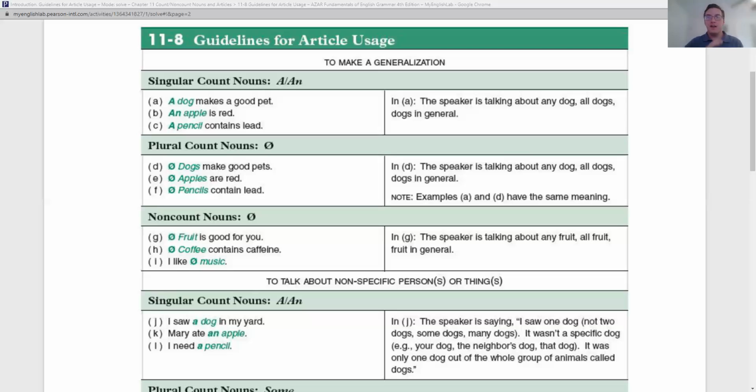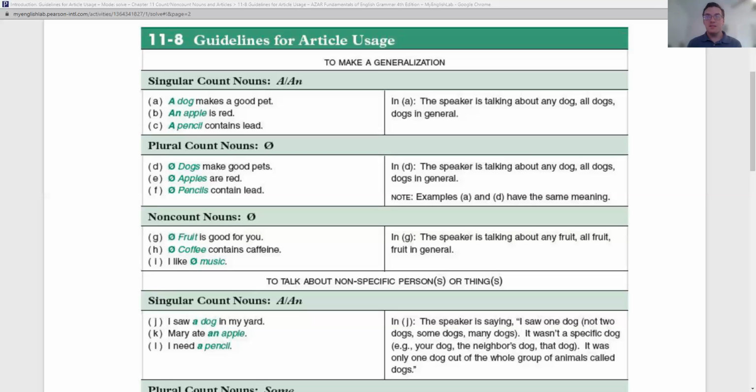For non-count nouns like fruit, coffee, music, we see in examples G, H, I that we don't use the article a or an because it's a non-count noun. A means one, so I can't count. And I don't use the plural because the plural means more than one, right? And I cannot count. It's uncountable.